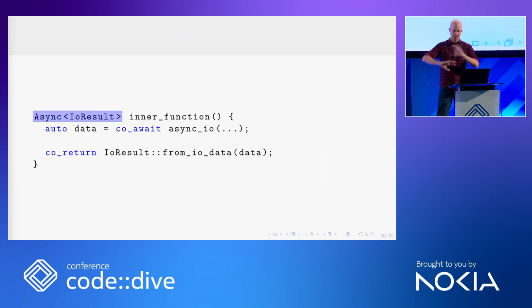I was being pretty hand-wavy before about what really goes on here in the inner function, but in the end, there is some I/O framework, right? That you register with to say, hey, I triggered this I/O operation, and now I need to be woken up whenever that completes.